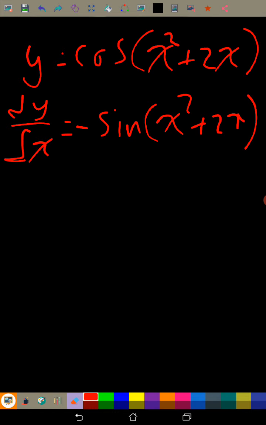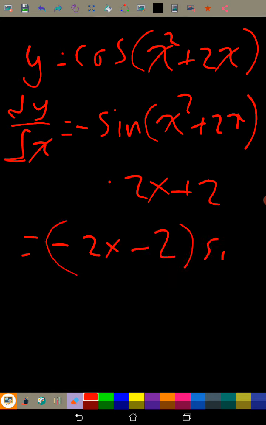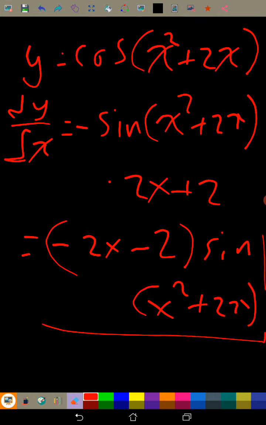And I don't think we have to expand this, but we do have to times 2x plus 2. So it's going to be minus (2x + 2) times sine(x² + 2x). I'm having a big doubt about this.